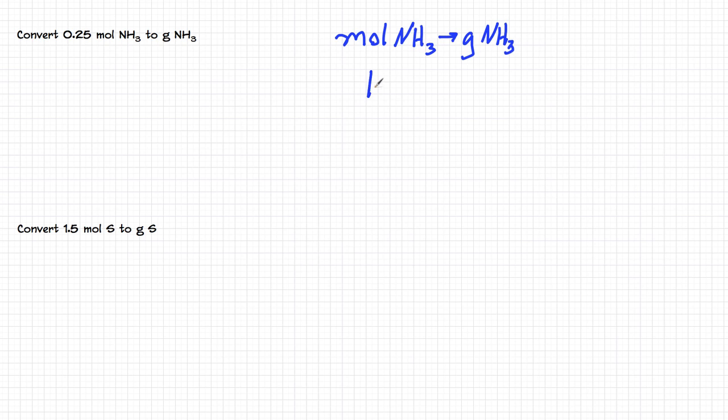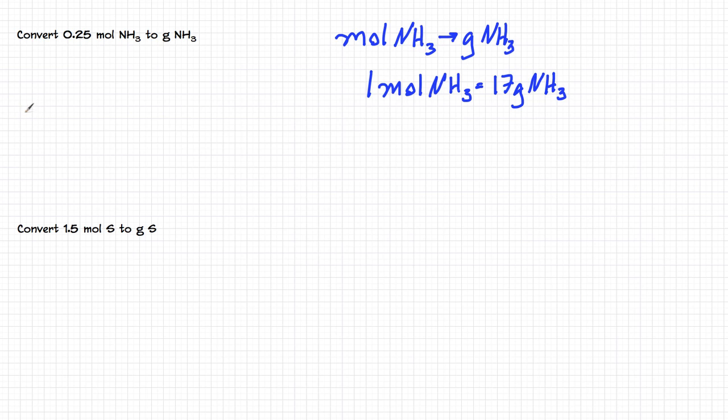And for every 1 mole of ammonia, we're going to get 17 grams of ammonia. And again, this is the molecular mass for ammonia. And I've added up all the atomic masses for all the atoms in ammonia off the periodic table.